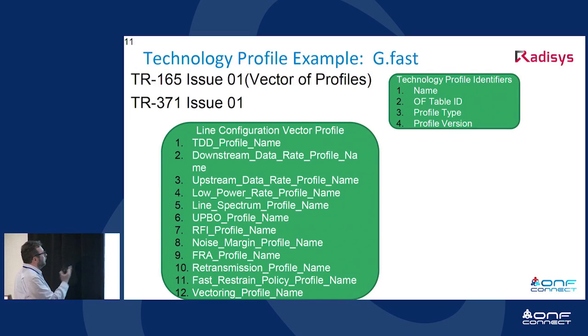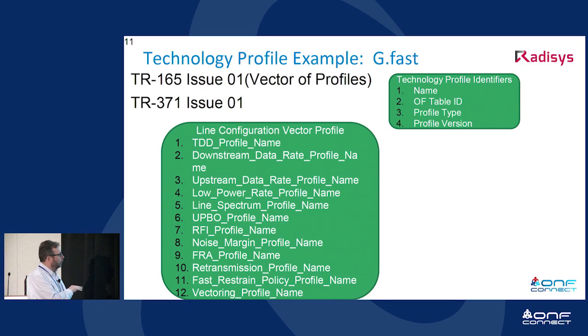Again, this hasn't been followed through with all the implementation and details that the XGS technology profile has. But in this case, we could have a typical TR-165 model vector of profiles for the technology profile itself. All these profiles defining the behavior of a G.fast UNI interface could be defined as a technology profile, and if all these are the same, you can use the same technology profile for all the UNI ports.